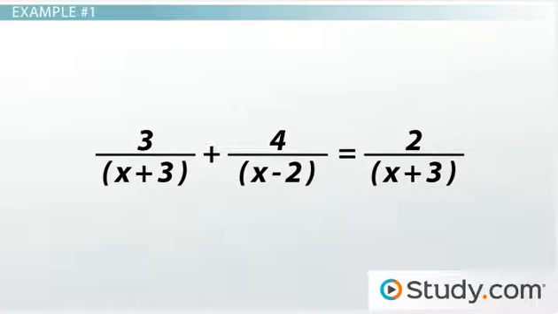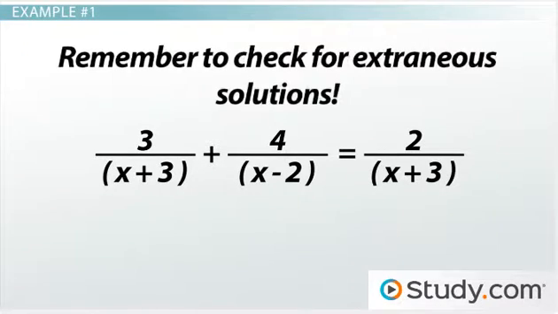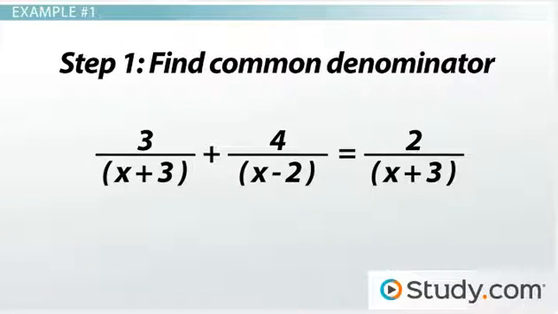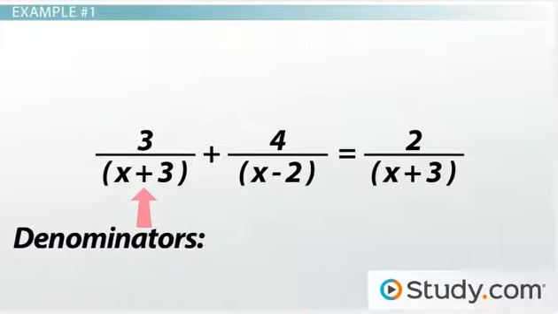Example number 1. Solve. Remember to check for extraneous solutions. 3 over x plus 3 plus 4 over x minus 2 equals 2 over x plus 3. Our first step is to figure out the terms that need to be released from the denominators. I look at 3 over x plus 3. I write down x plus 3 as one of my common denominators.